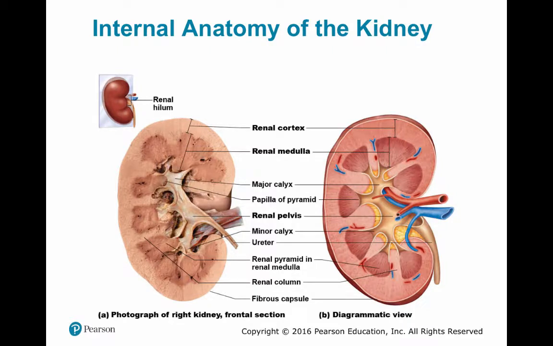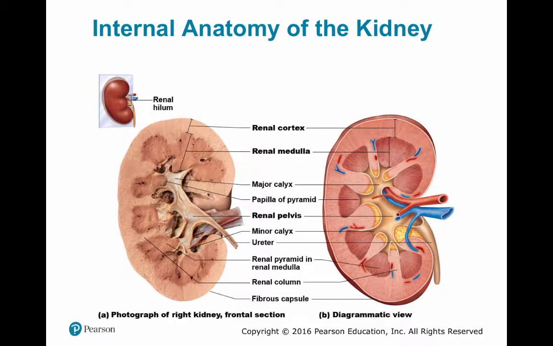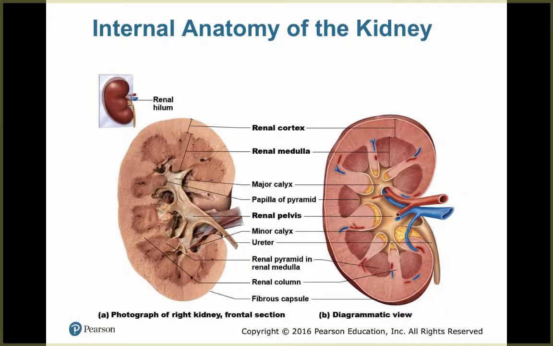And so this is essentially the internal anatomy of the kidney, and we looked at this when we dissected it. It's made up of two main areas. You can see it's made up of the renal cortex and renal medulla here.